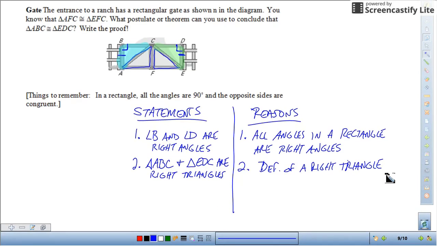All right, so let's come back to the other statement that we had figured out, that AB is going to be congruent to ED. And really, that's just because we know that opposite sides of a rectangle are going to be congruent.